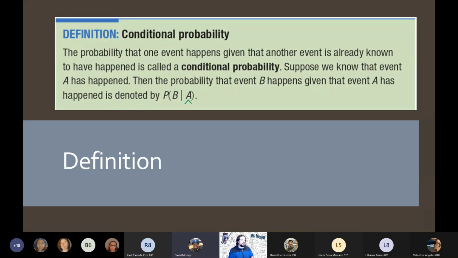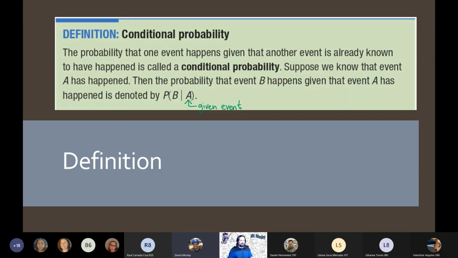In this notation, the given event is always listed second. Right? A is the given event, and it's the way that you read it: B given A. The order in which these are written matters.